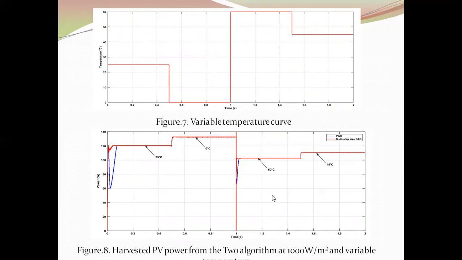In the analysis of the curve at each change in temperature, it can be noticed that the extracted power rises with the decrease in temperature, while it exceeds the MPP at 0 degrees C, as shown in figure 8.